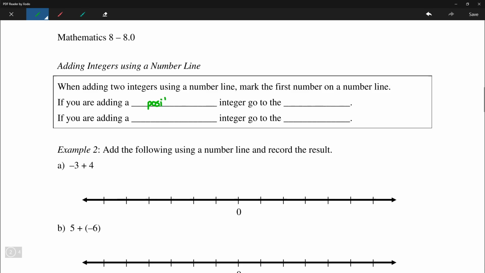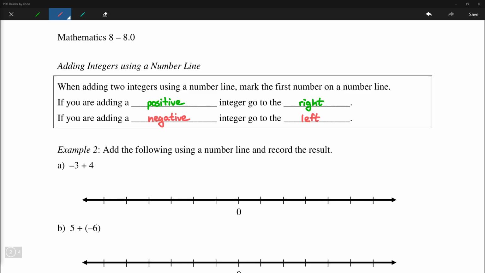And if we are adding a negative integer, we'll move to the left.